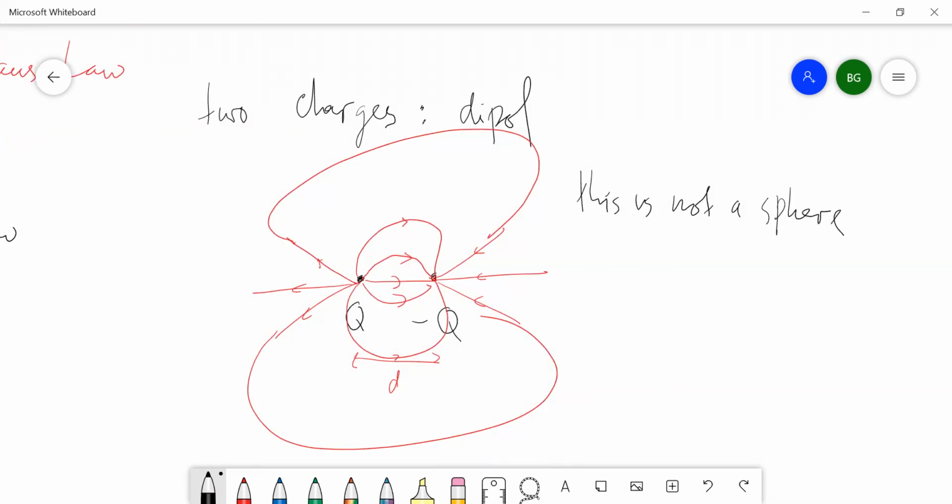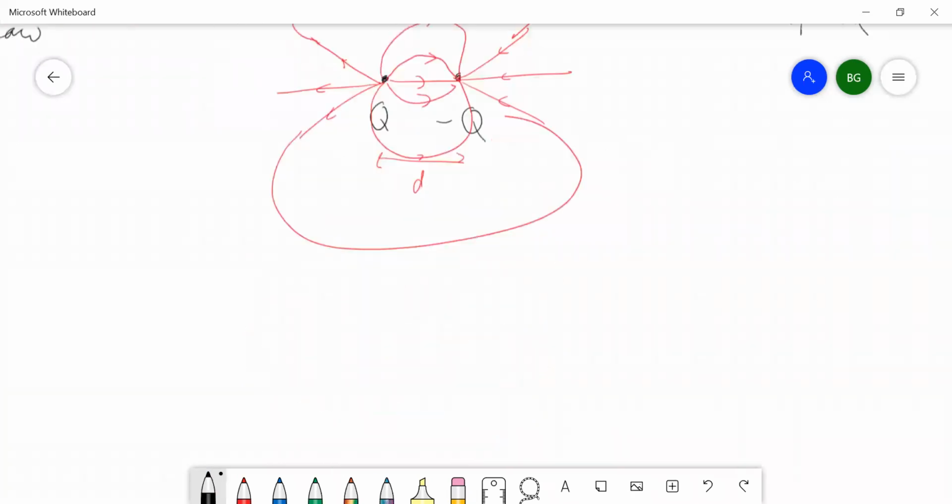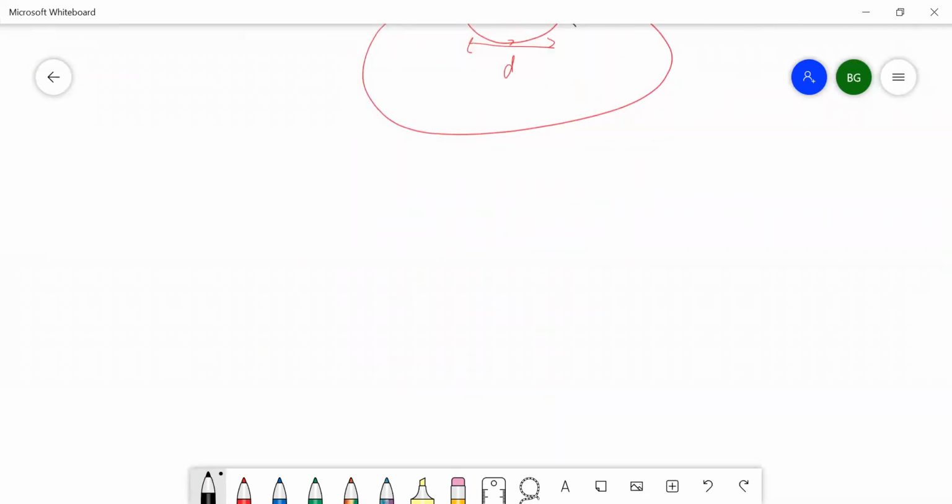You can draw, for example, again two charges with the same sign, for example plus Q and plus Q. This is similar to this one, but they are repelling each other.